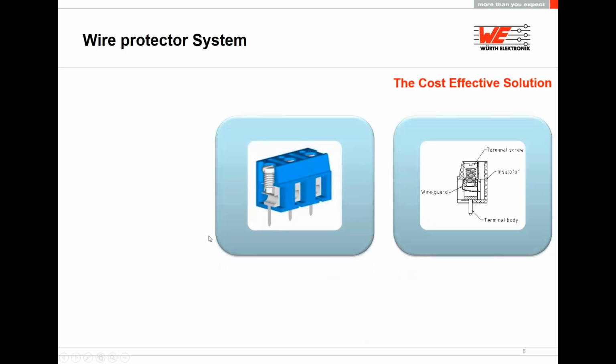Let's talk about the first one, the wire protector system, which is the very cost-effective solution. Usually you will see it a lot in the field as it's blue. It's kind of a differentiator: if it's blue, it will be cheaper than the green one. Here the mechanism is a little bit different. The wire is fixed by the wire guard into the solution.